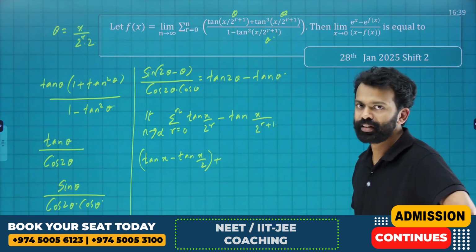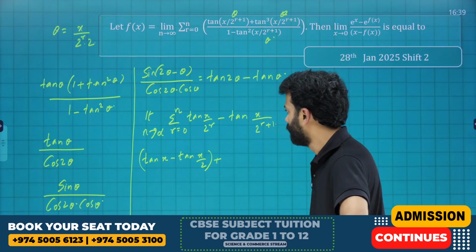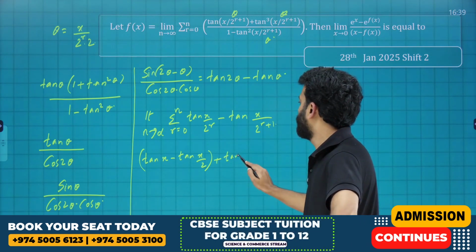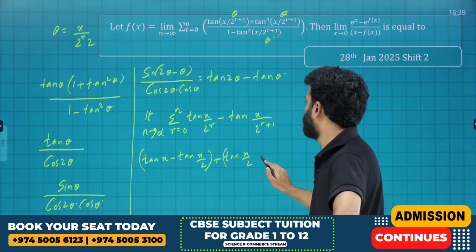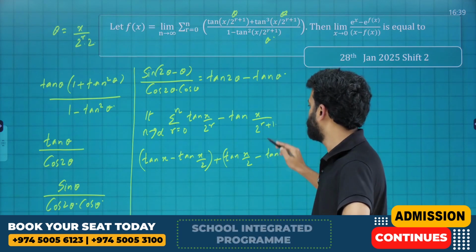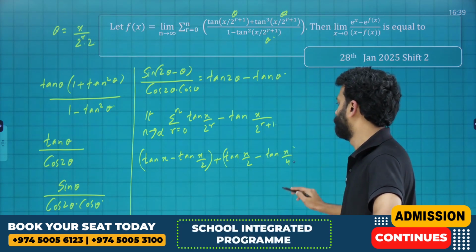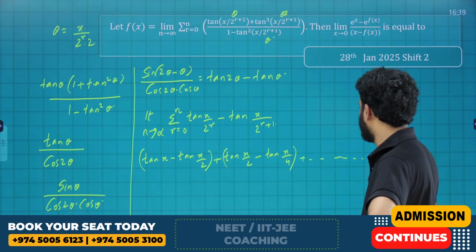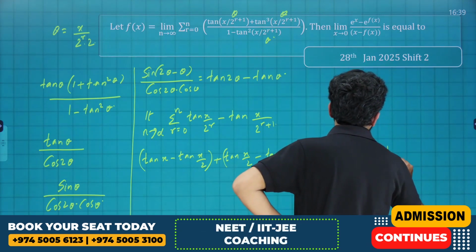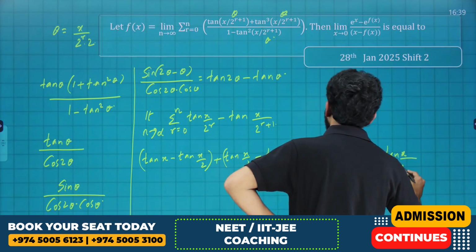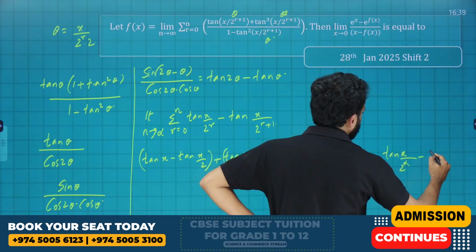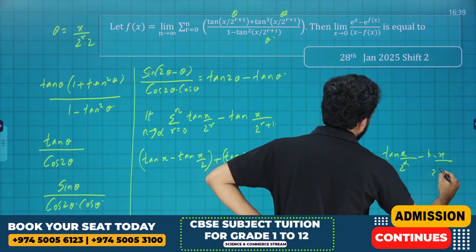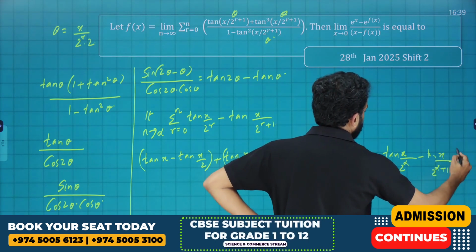And what will be the second term? For the second term, we need to substitute r equals 1. Therefore, you will get tan x by 2 minus tan x by 4. It will go like this, and the last term will be tan x by 2 raised to infinity minus tan x by 2 raised to infinity plus 1.